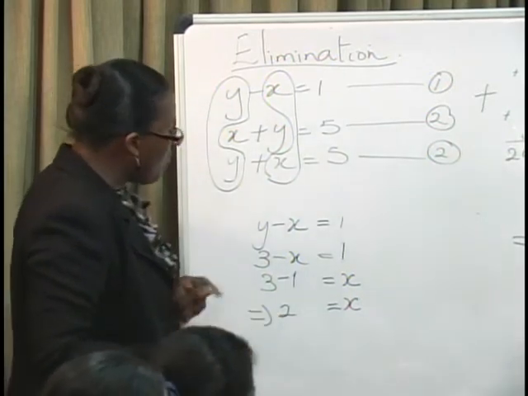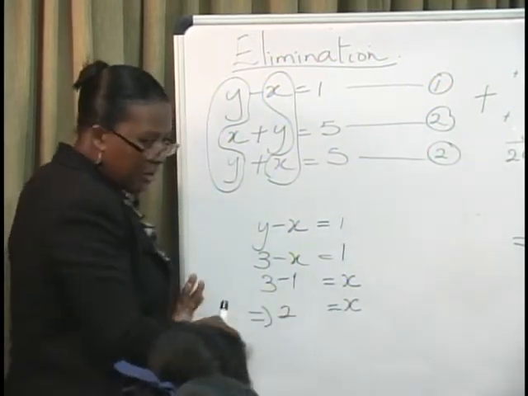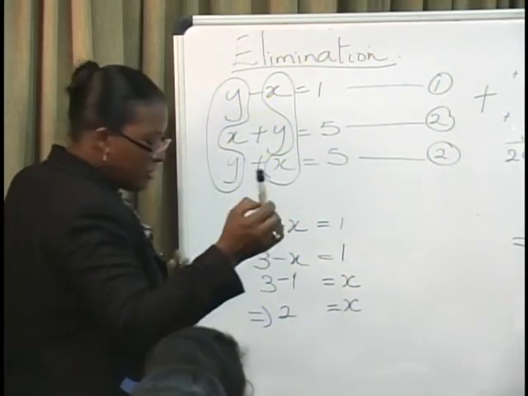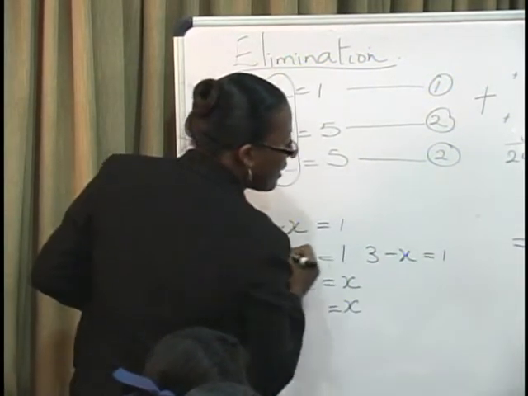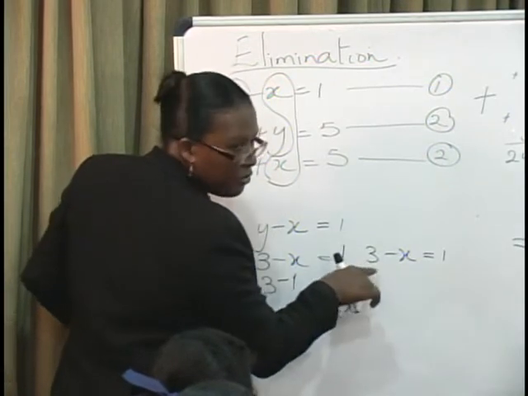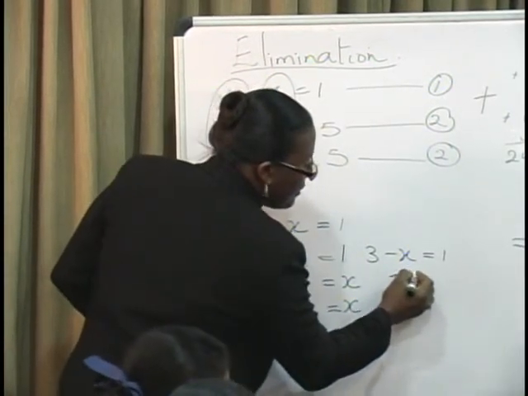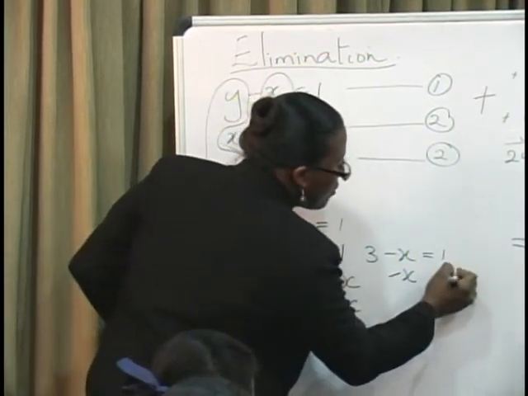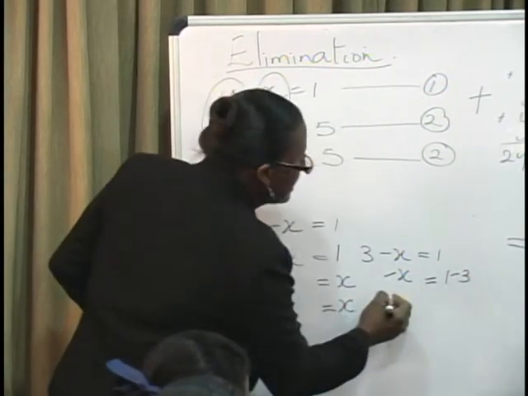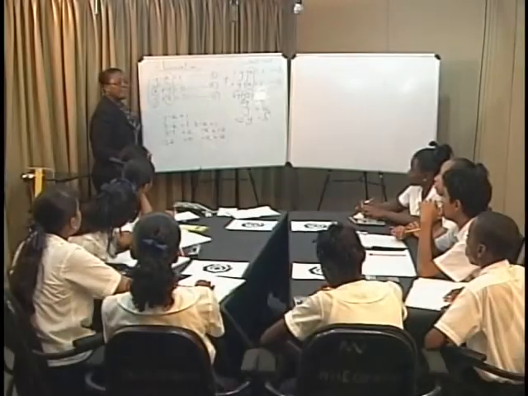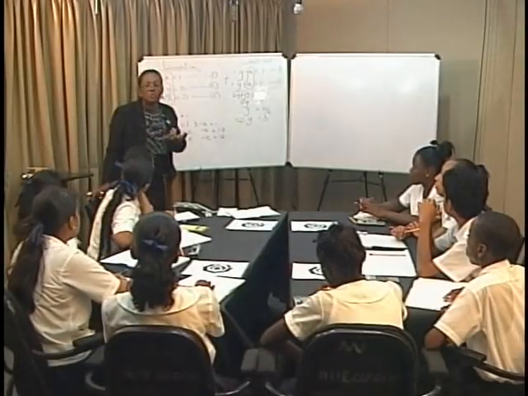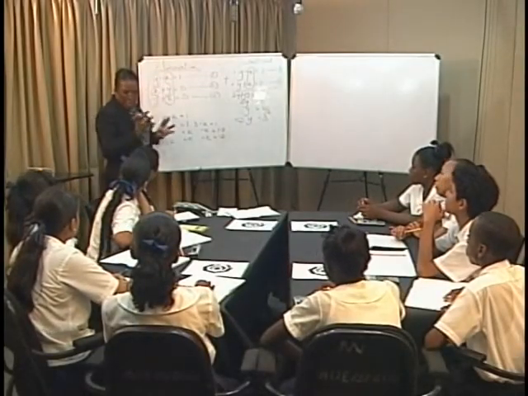Now let me show you why it is simpler to work like this instead of this way. Here we had 3 take x is equal to 1. Normally you would have had to move the 3, so you would have been left with a negative x equals 1 take 3. So a negative x is equal to a negative 2. Sometimes you have to use some wisdom and look at the signs.